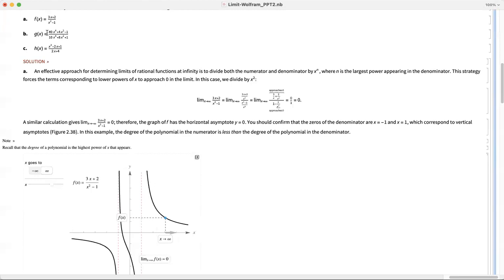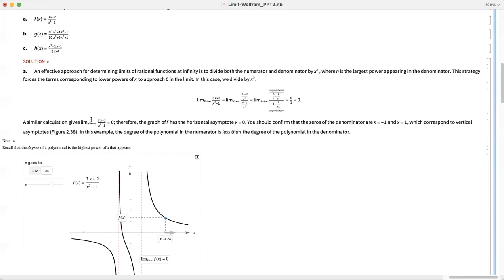I told you. You see that x squared minus 1? If x is 1 or negative 1, then f of x is not defined. So the limit of f of x as x approaches 1 or negative 1 goes to infinity or negative infinity, right?